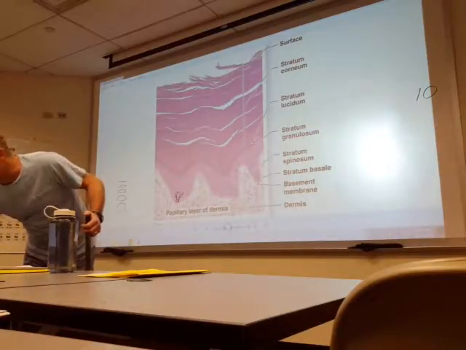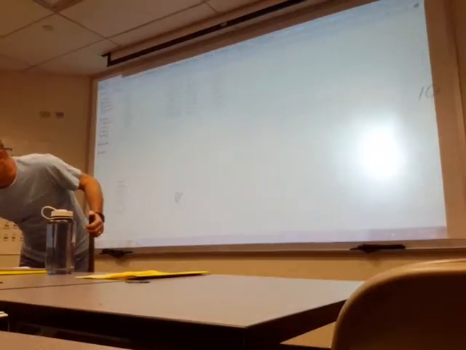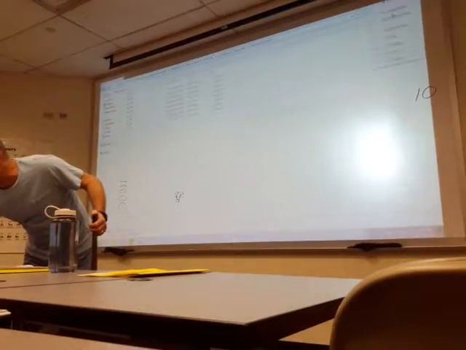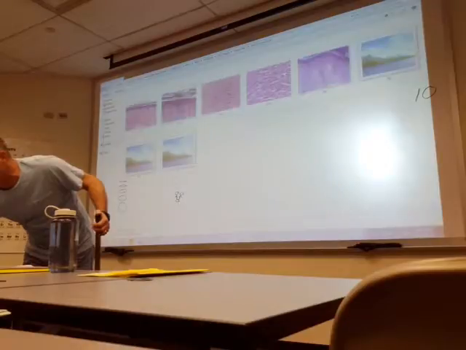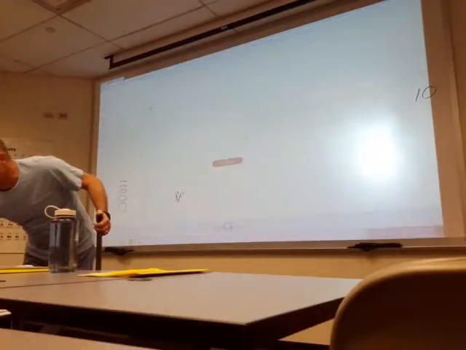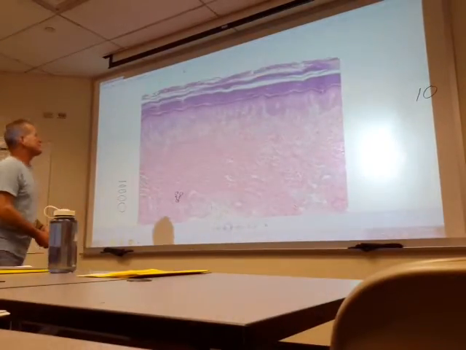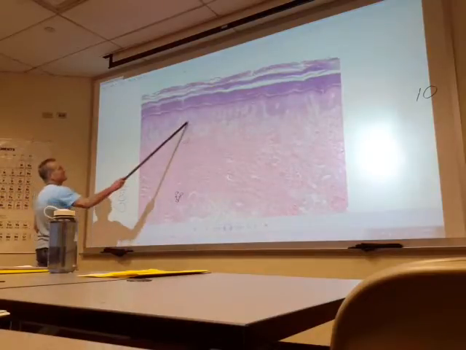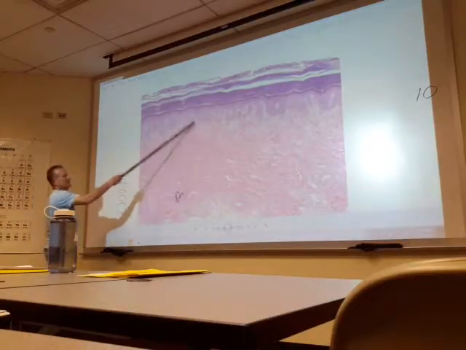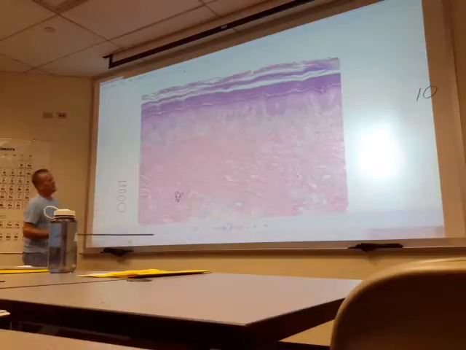Got a couple of pictures in this folder that you have in your histology slide set. So you've all seen these, and this of course is the epidermis, this is the dermis, little sub-Q down here.